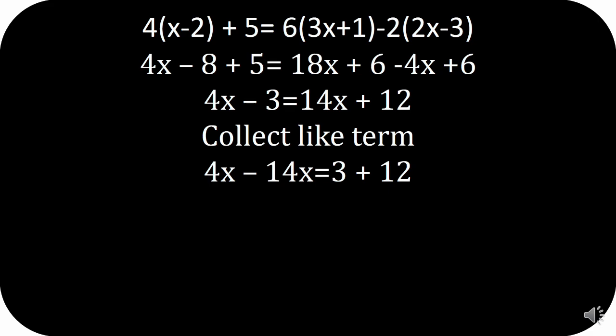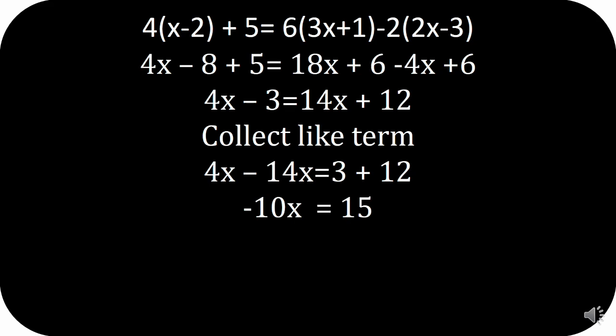3 plus 12 is 15. 4x minus 14x is equal to minus 10x. So this expression can further be simplified to minus 10x is equal to 15. Since I'm being asked to solve for x, that means the coefficient of x has to be removed. That means make x the subject, not make minus 10x the subject.